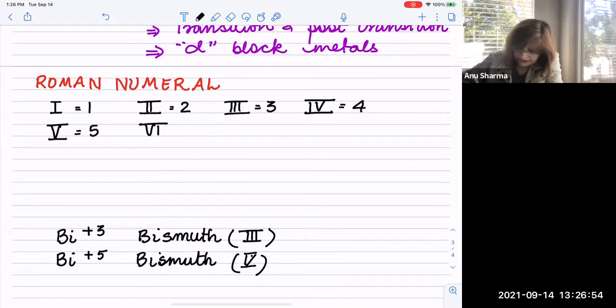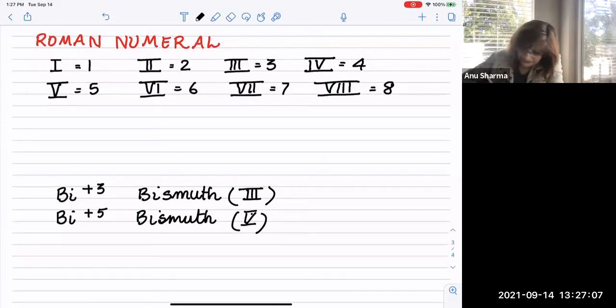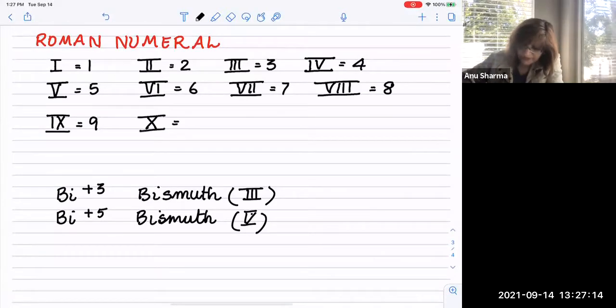This symbol stands for 6, this for 7, this for 8, and this symbol stands for 9. This symbol stands for 10.